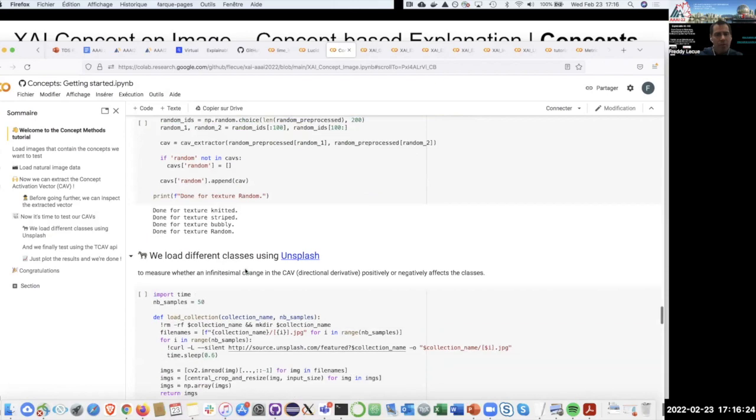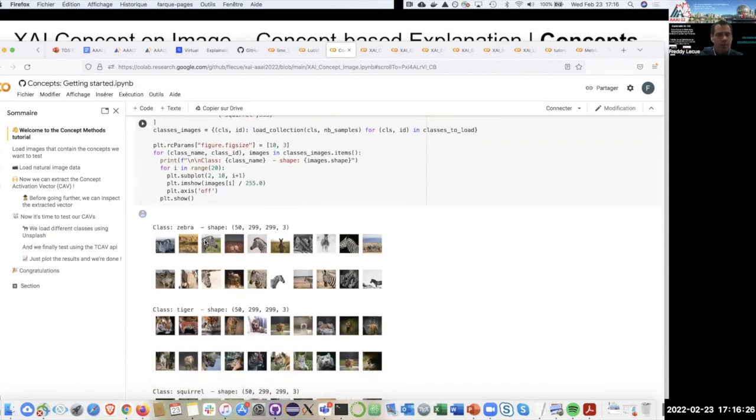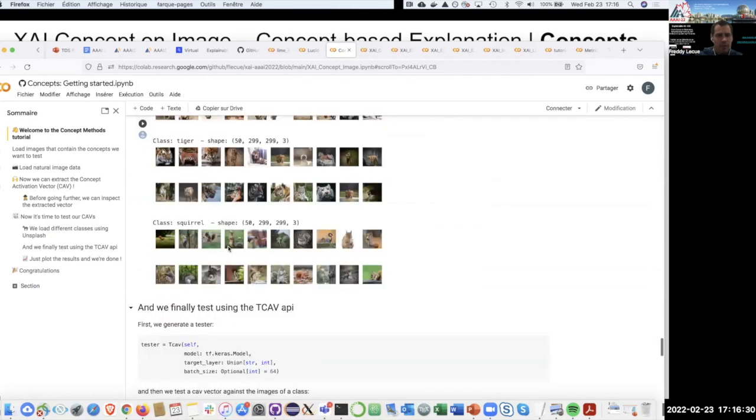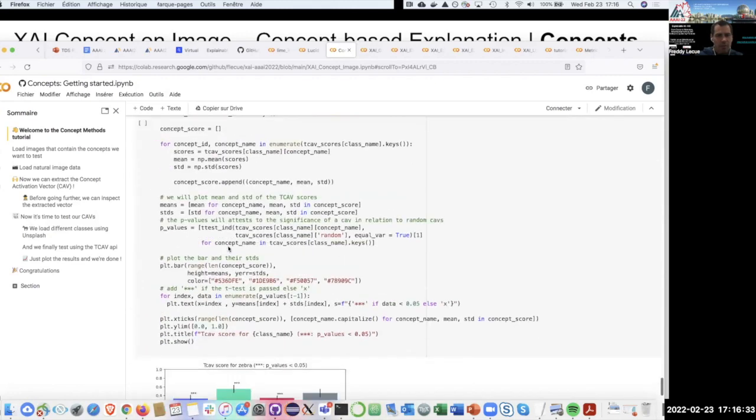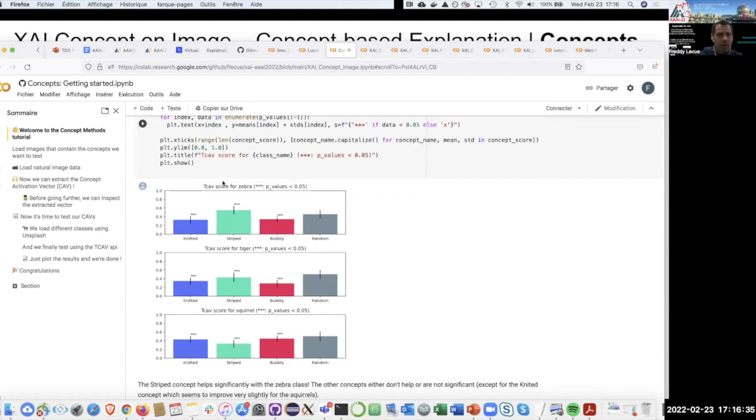And then when you test it, say, okay, the class zebra and the class tiger, and the final result, and they show, based on the class that you have, what kind of texture has been used, and that texture is their concept.